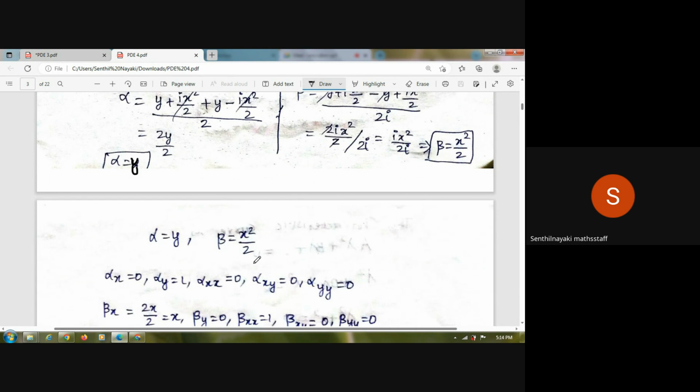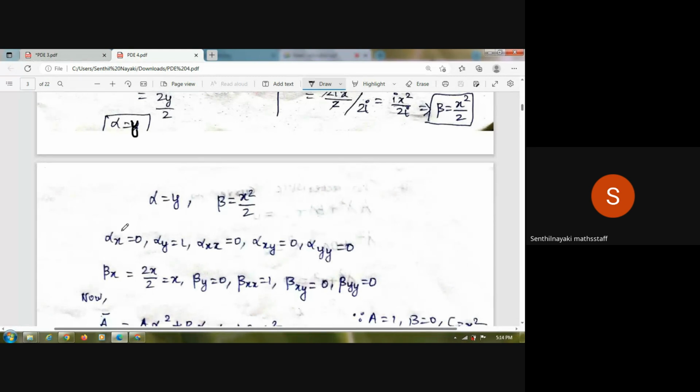After that, we have to find all possible derivatives, that is alpha differentiated with respect to x and with respect to y. Then we get the first order derivatives and then find the second order derivatives too. Then alpha xx equal to 0, alpha xy is 0, alpha yy is 0. Because alpha equal to y, therefore only alpha y exists. All the remaining values are 0, isn't it?